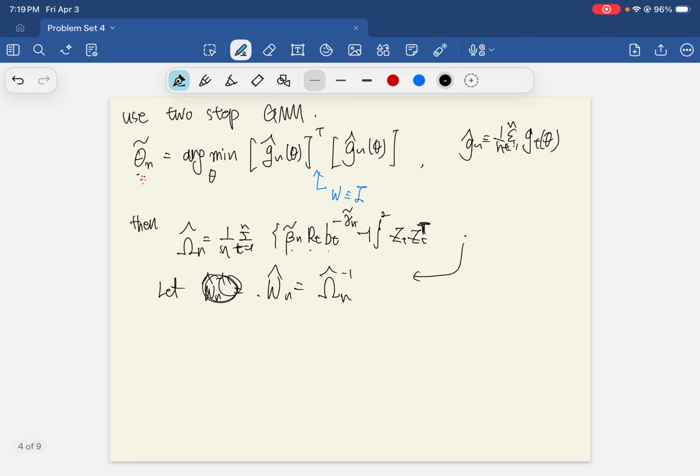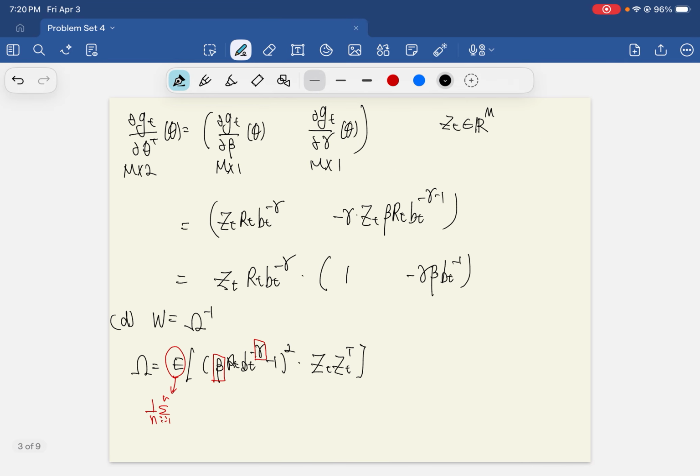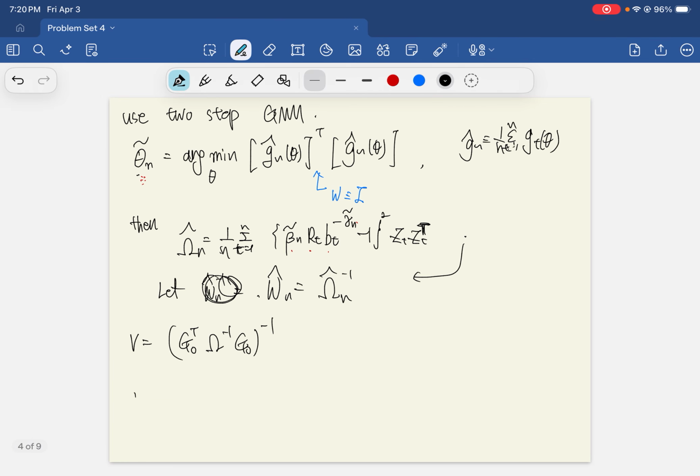Now then, let's calculate the variance. Variance is pretty easy. We know the formula, G transpose omega inverse times G, inverse, right? So we are just doing it carefully, but actually there is nothing to be simplified, right? So remember, GT was this, by the way, I didn't define that.